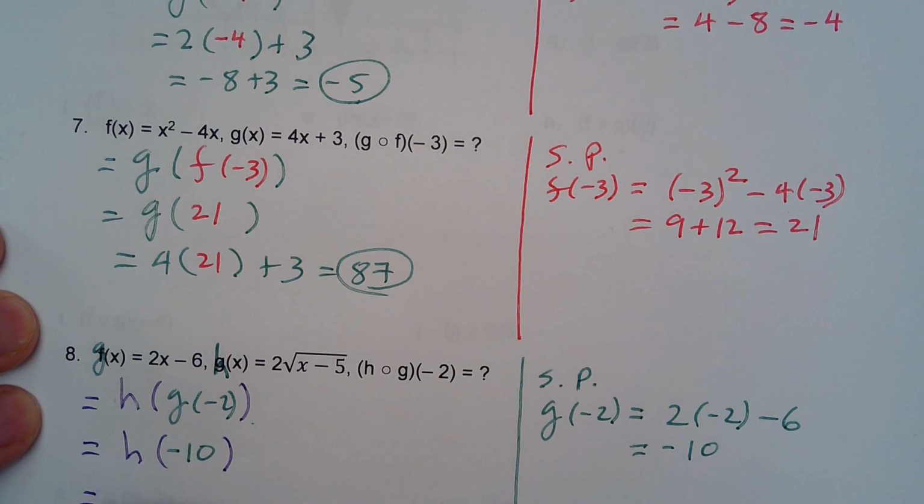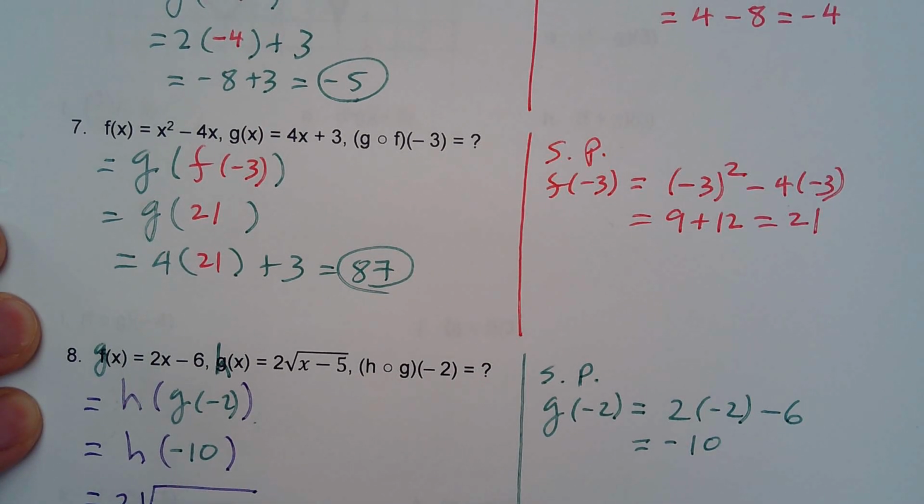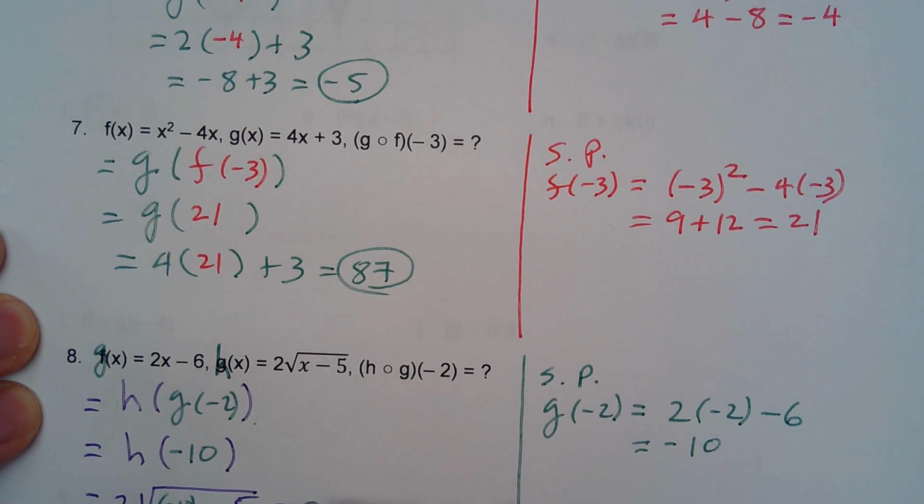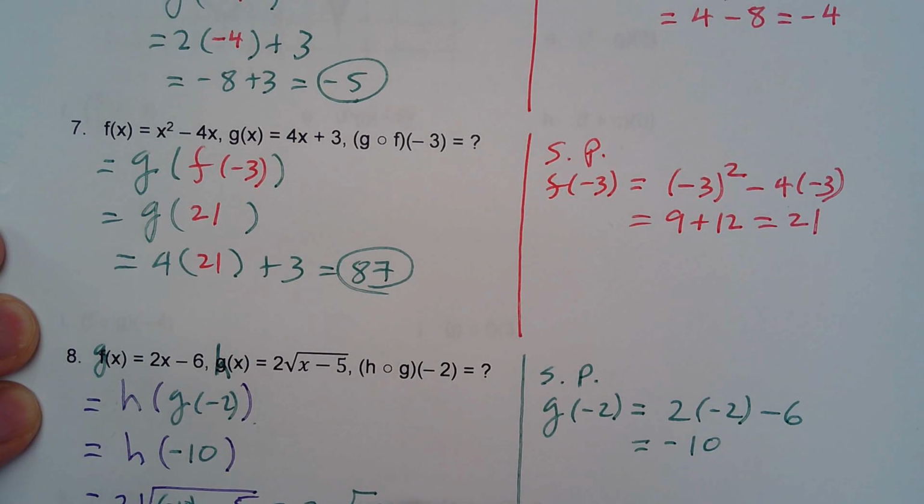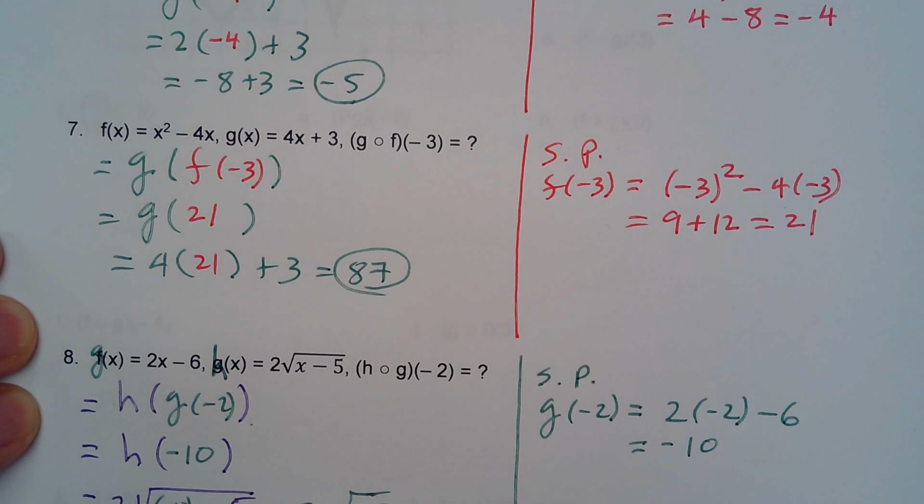So that would be 2 times the square root of negative 10 minus 5. That gives us 2 square root of negative 15. And that is undefined.